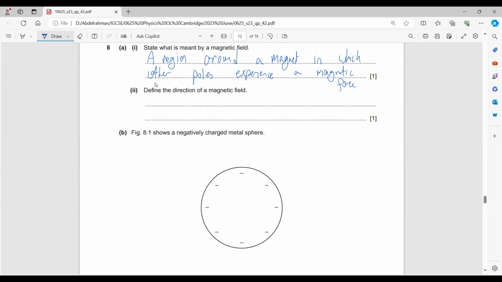Either they will be repelled or they will be attracted. That's it. So it's a region around any magnet in which other magnets, north or south, will be either repelled or attracted.